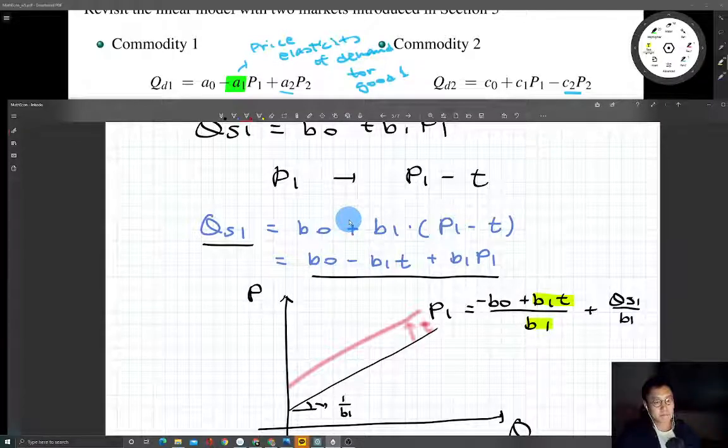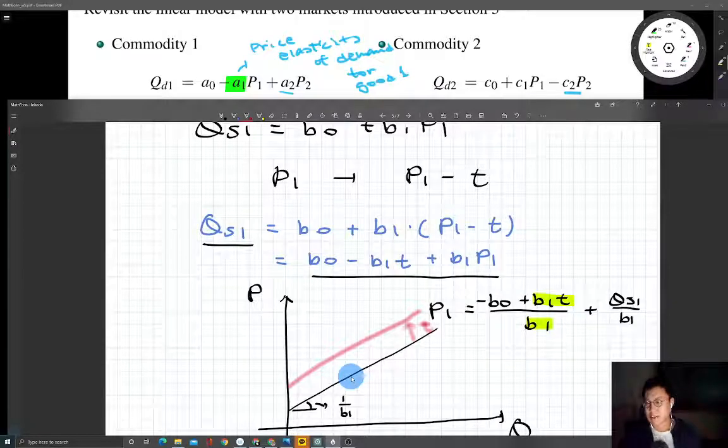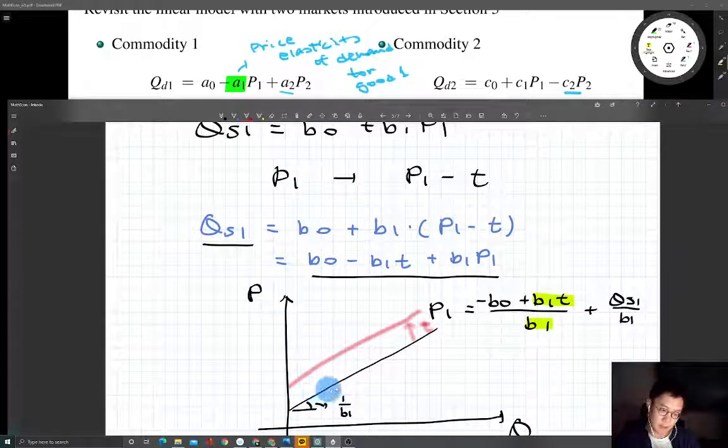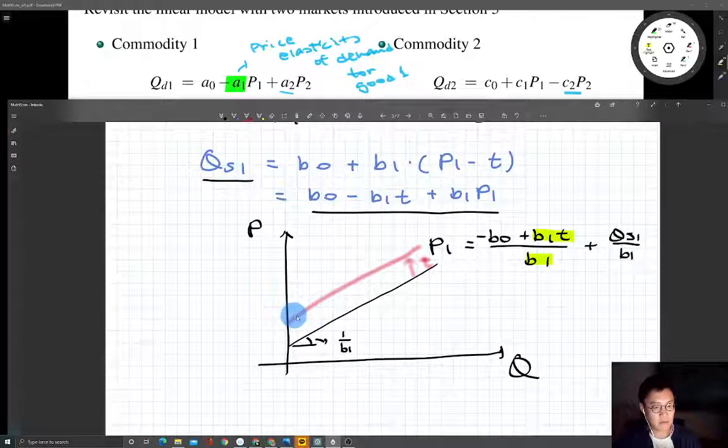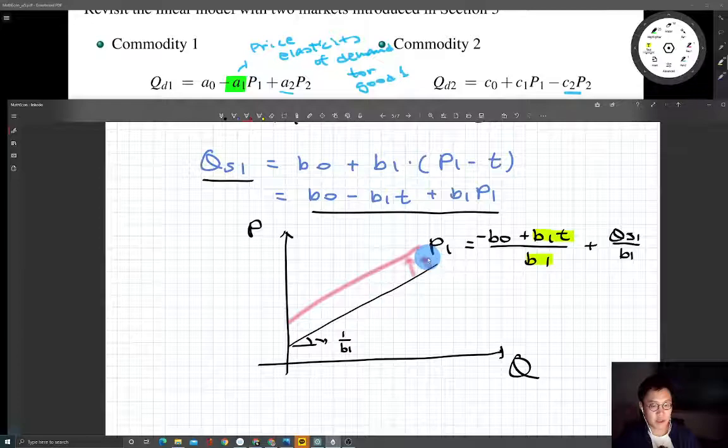So a tax imposed on the supply side will shift the supply curve by t. It's going to be a vertical translation, and the slope of the curve is the same as before. The only difference is that it now shifts upward by t, as much as the tax rate.